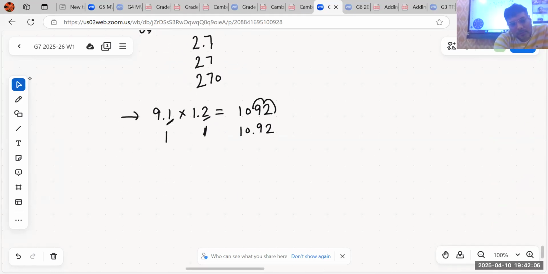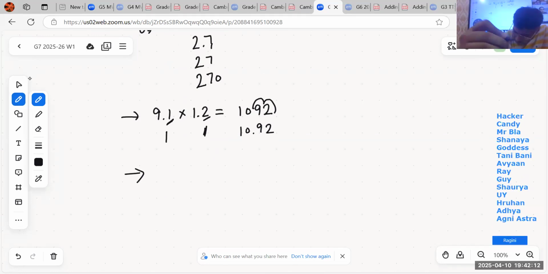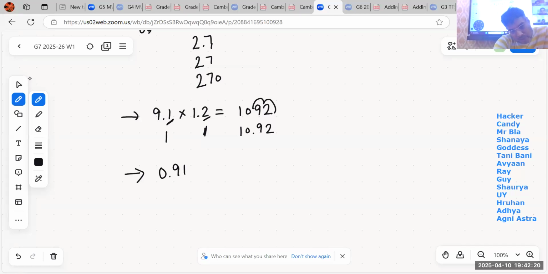One more example. 0.91 times 1.2. So here, how many digits are there after the decimal? 2. How many digits are there after the decimal? 1. So I will multiply normally, I will get the same answer.